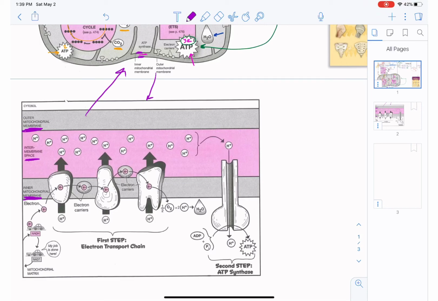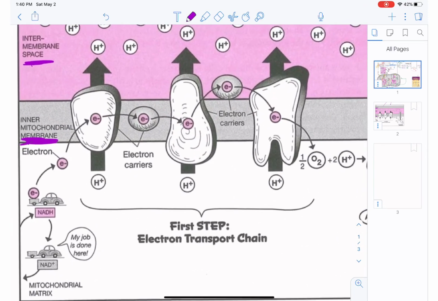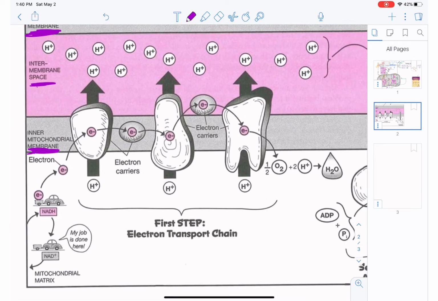So what's going to happen to start this whole process? These NADH molecules that were carrying electrons are going to drop off those electrons. So we go from an NADH molecule, it drops off its electron, now it goes back to NAD+, and it goes back to those other steps to pick up more electrons.